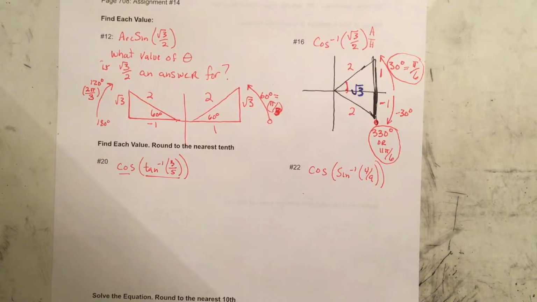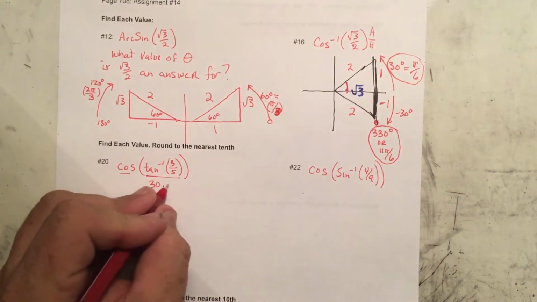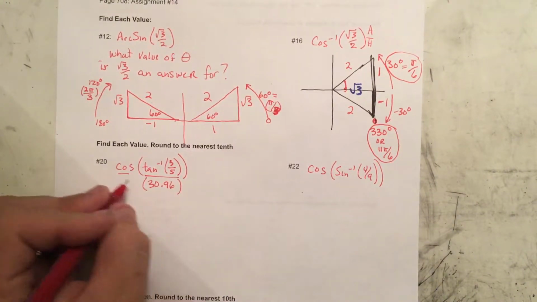Shoot, this thing's driving me nuts. 3 divided by 5 is 0.6. Second tangent. That gives me 30.96 degrees.